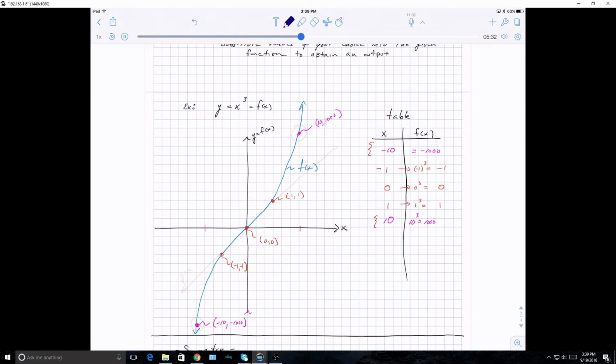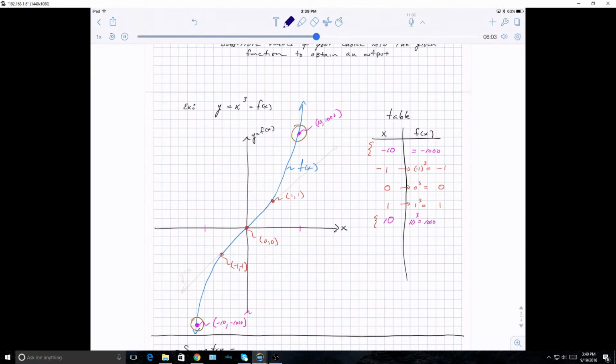It's a little hard to see the way that I've drawn it here, but if I use brown here, you can clearly see that this point up here, which is 10 and 1,000, has some number down here that is negative 10 and negative 1,000.